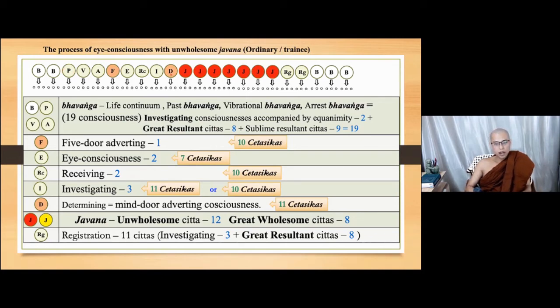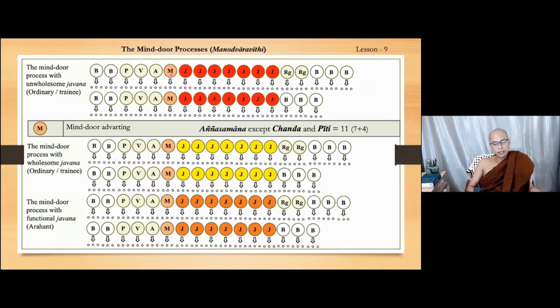This is how the mentality arises. So in this way, that is the nose consciousness.